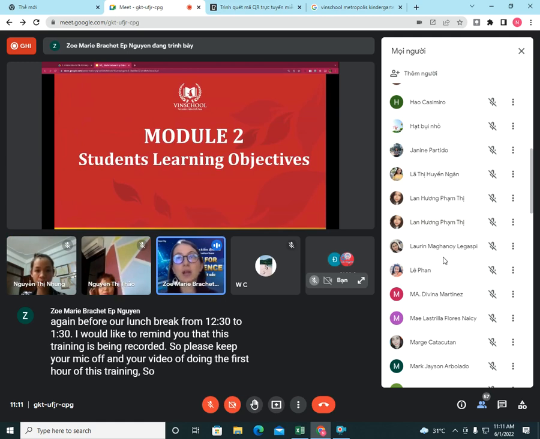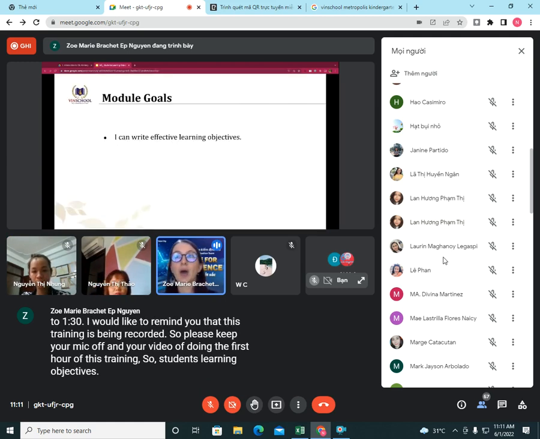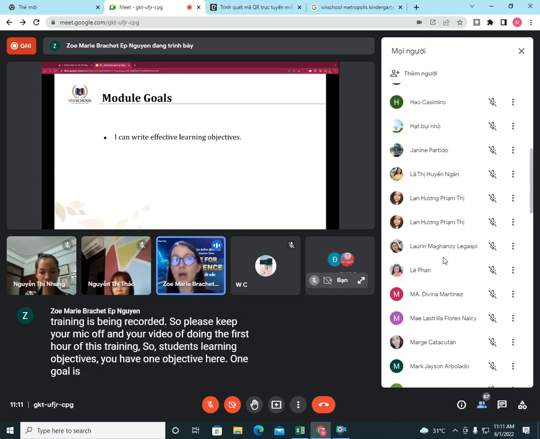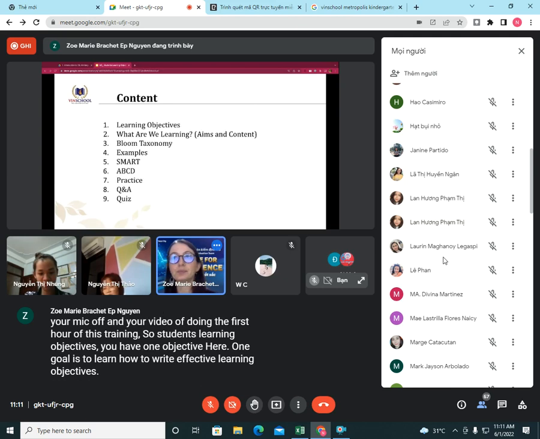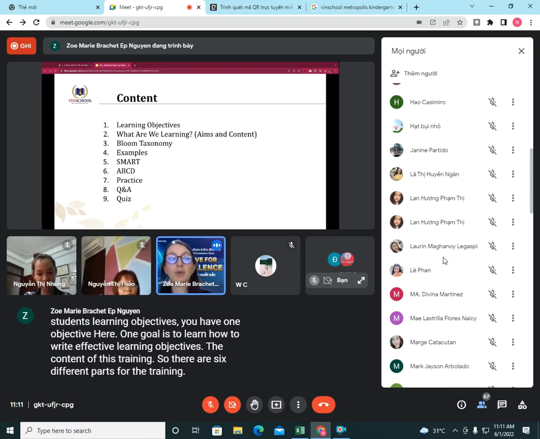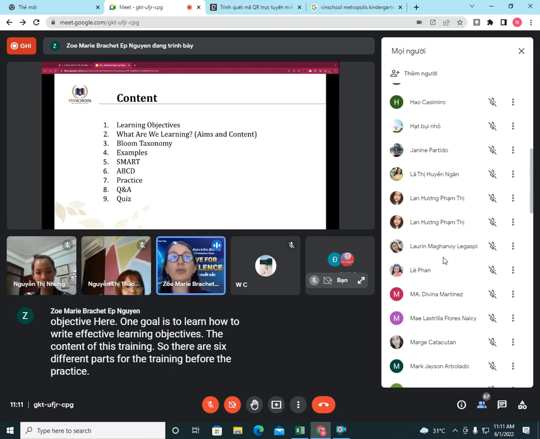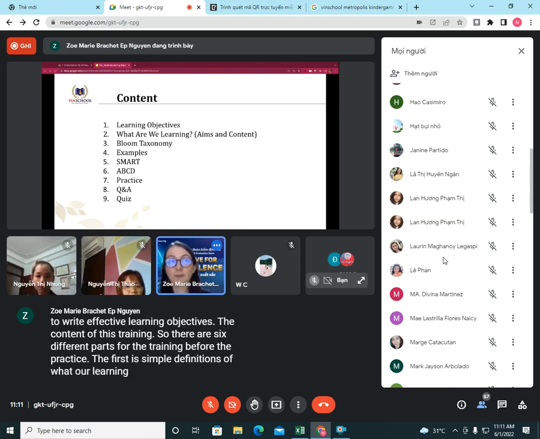So students' learning objectives. You have one objective here, one goal: to learn how to write effective learning objectives. The content of this training: there are 6 different parts before the practice. The first is simple definitions of what learning objectives are.